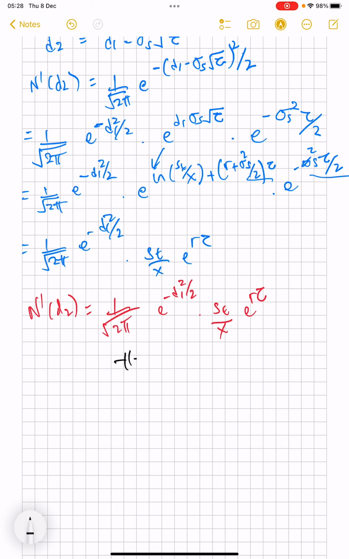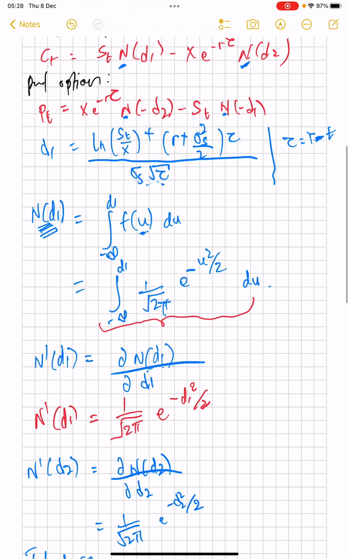Okay, so now we want to find the derivation for a delta, which is the derivative of the call option over ST. Let me just have a look here at what I have.